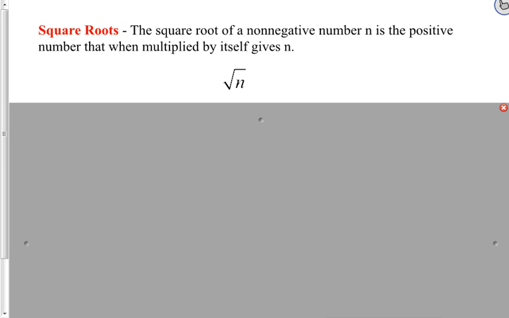So we have written here the square root of n. N obviously a variable standing for any number you want to plug in there. But the square root of n means what number times itself would equal n, right? And sometimes the square root of a number comes out to be a whole number, and sometimes it doesn't, right? Sometimes that's when we're dealing with the irrational numbers, when it does not come out to be a whole number.